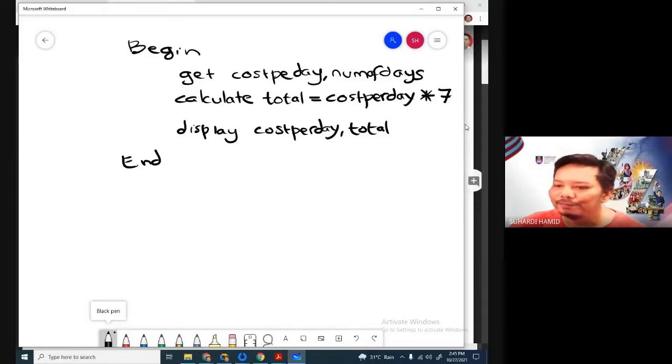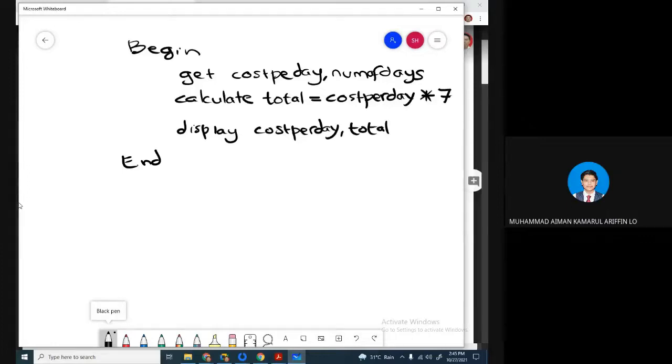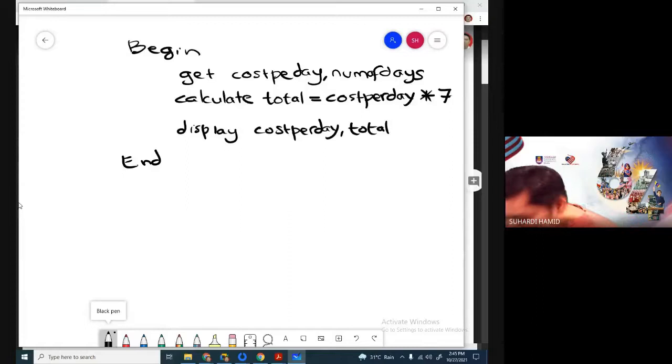There you go. Maybe total could be changed to cost per week. But I reckon this is how it should be. Yes. Right?